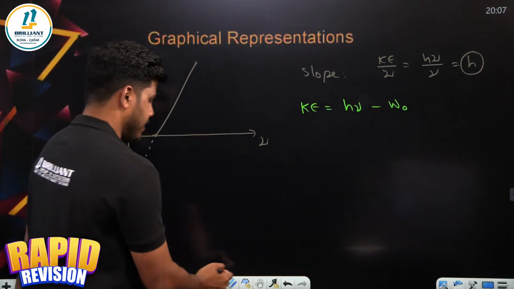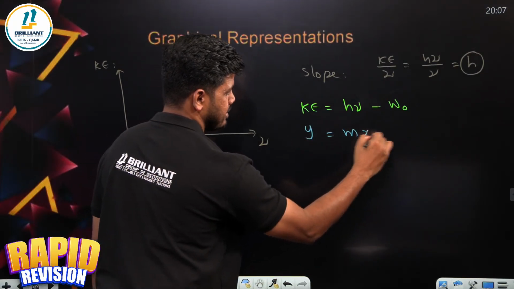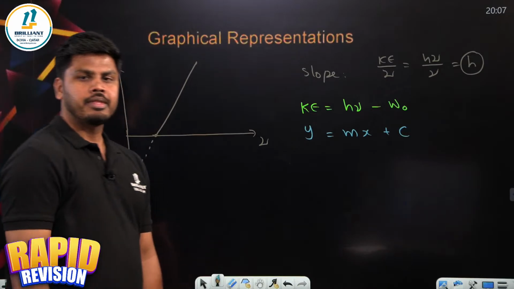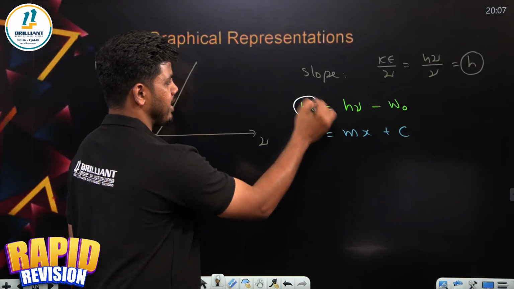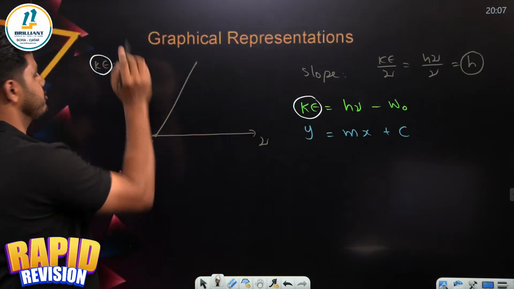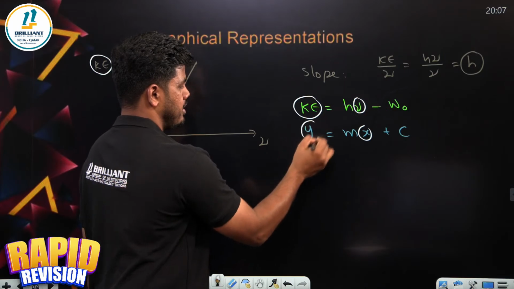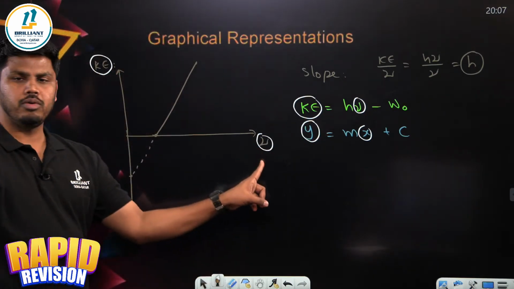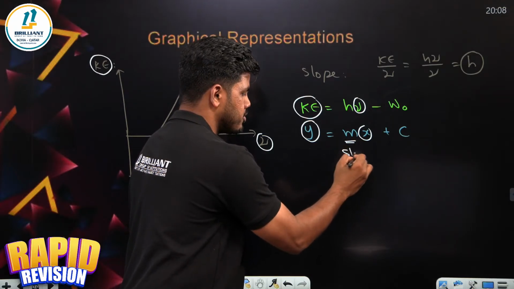Correct? The standard expression for a straight line is mx plus c. The value along the y-axis is kinetic energy, and the value along the x-axis is frequency. M stands for the slope of the graph.